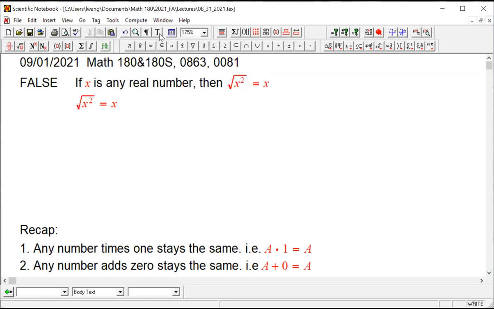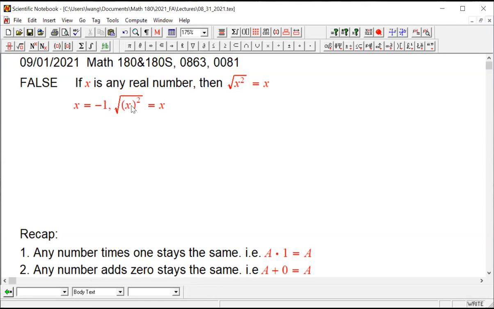So when I give you x equals -1, what will happen? x equals -1. Is that true? No, it would be a positive one. That's right.